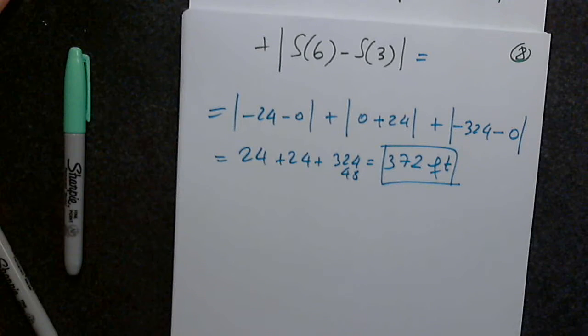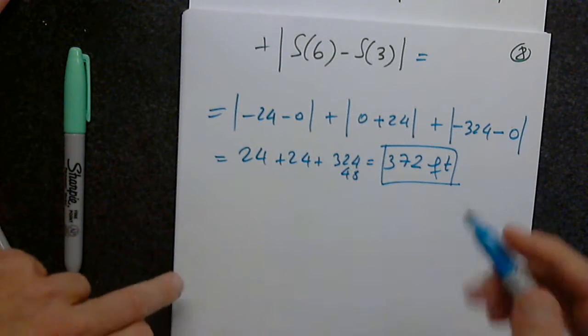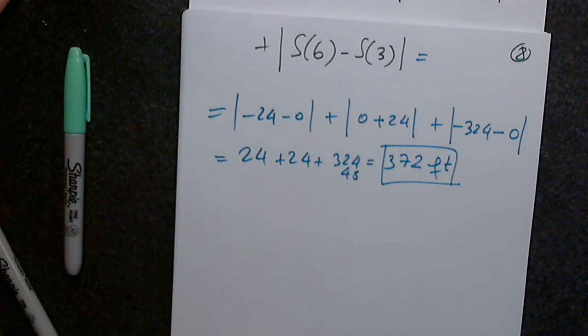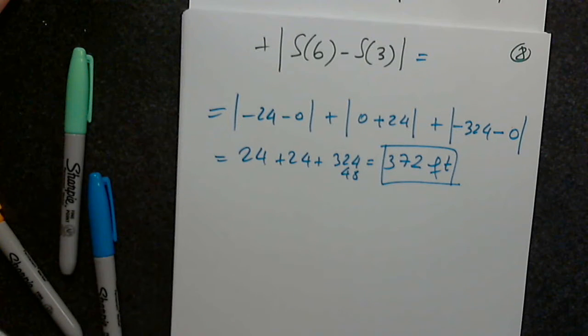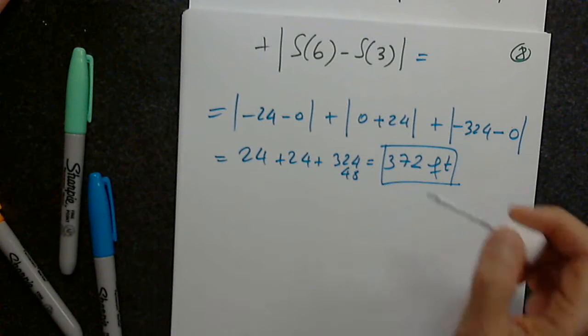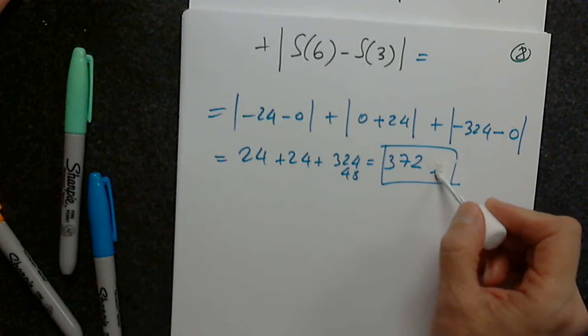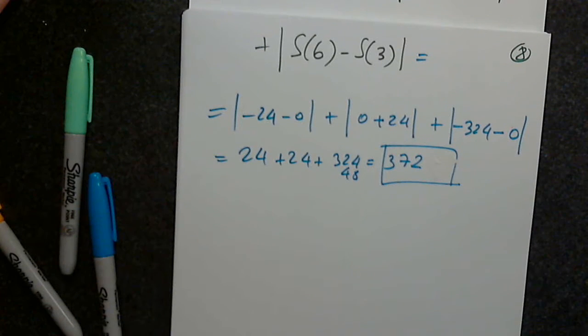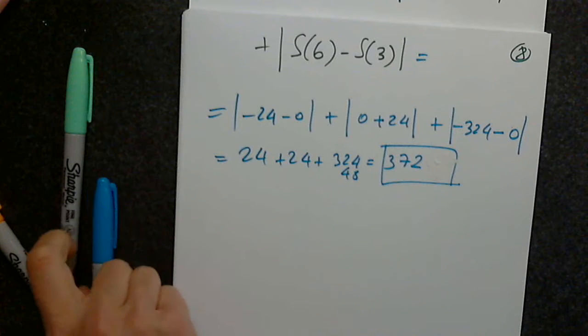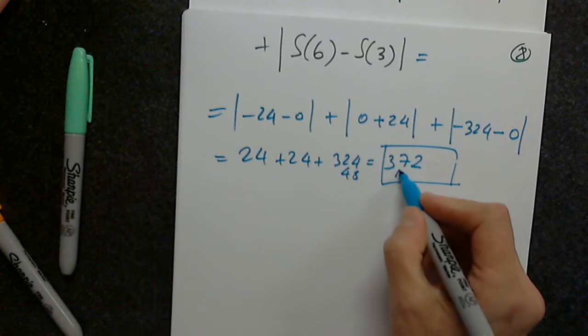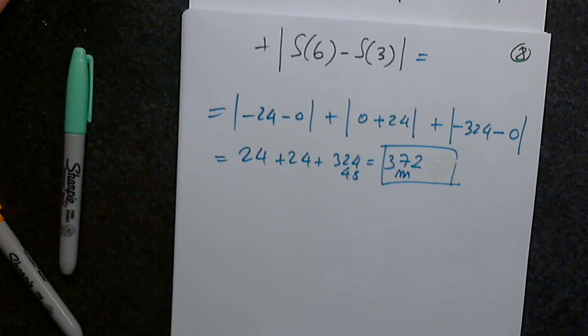Let me look again. Was it in feet? No, it was in meters. Sorry, I should have looked before writing. That's the wise thing to do. So then the particle covers 374 meters in the first 6 seconds.